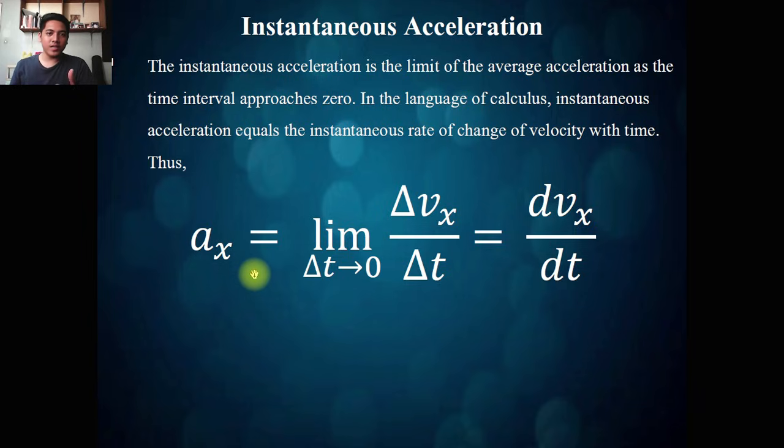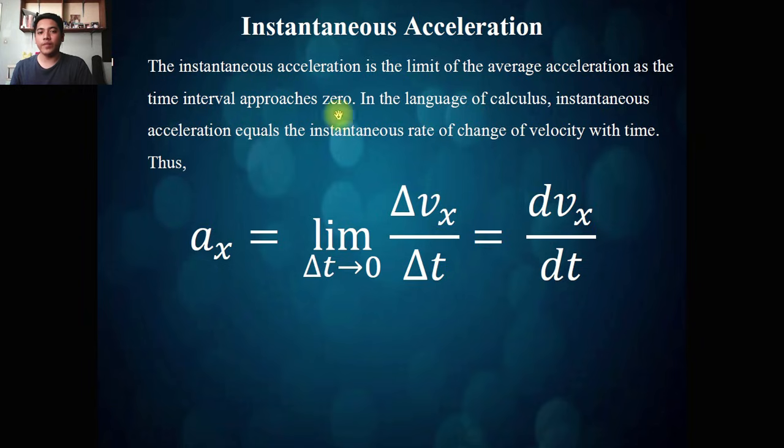The instantaneous acceleration is basically the limit again of the average acceleration as the time interval approaches 0. In the language of calculus, instantaneous acceleration is equal to the instantaneous rate of change of velocity with time. Thus, instantaneous acceleration is equal to the limit of delta v over delta t as delta t approaches 0.